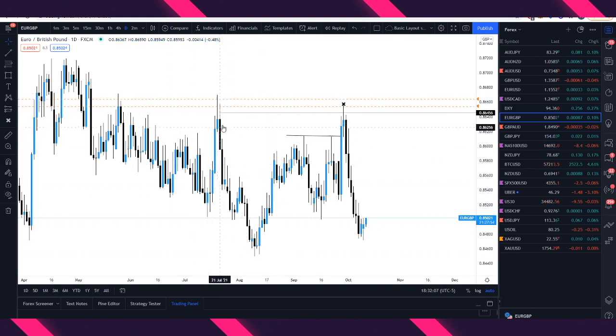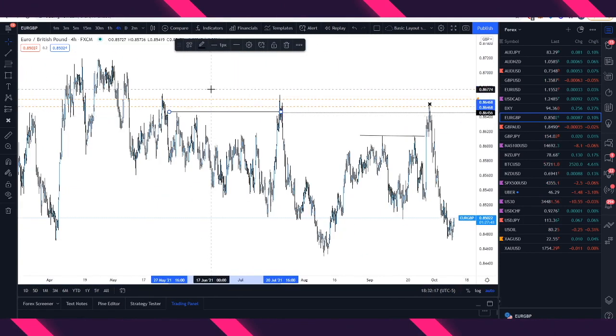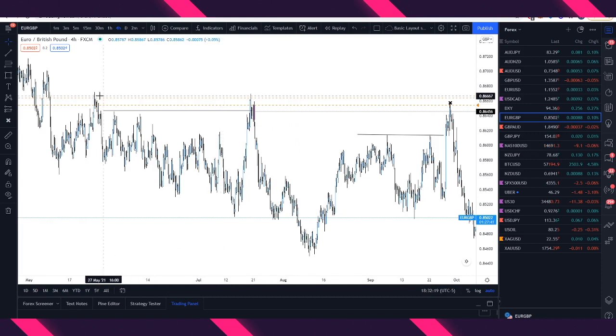Okay, and so this was what the daily candle looked like. This candle reached up above here and reached really into this area, but really above all of this.